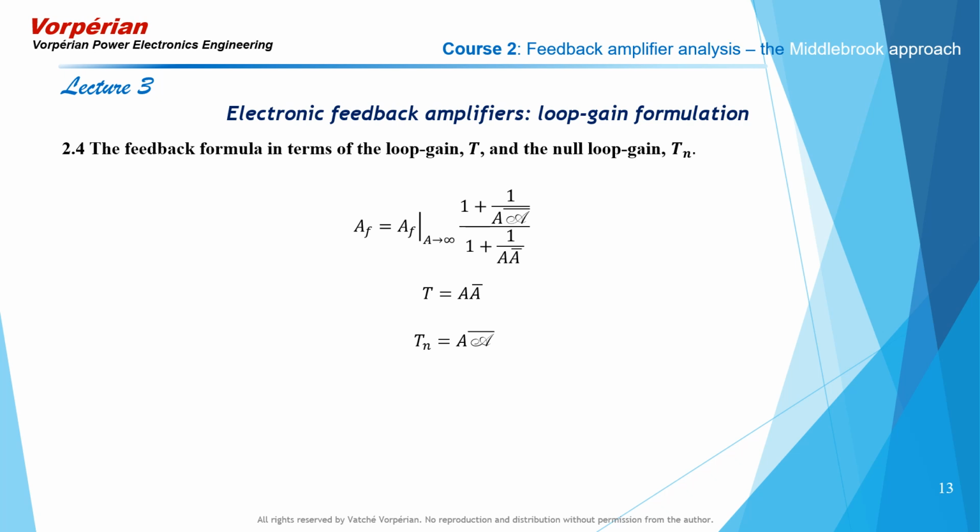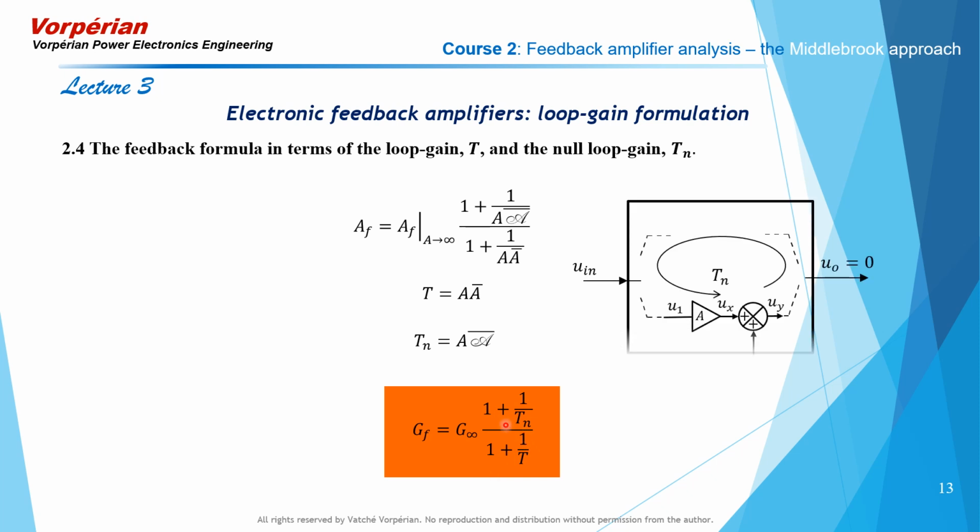Now that we have established a correspondence between the feedback formula given by the extra element theorem for dependent sources and the second formulation for the closed loop gain of a feedback amplifying system given by Dr. Middlebrook, we can show the determination of the null loop gain on the general diagram of a feedback amplifier system, whereby we inject a signal directly at the output of the gain element A and we null the response U0.